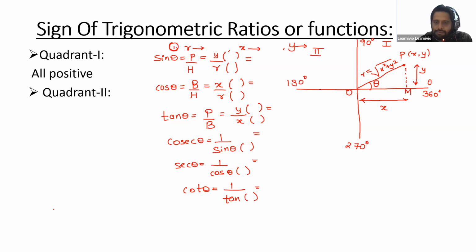This is your x-axis, this is the y-axis, this is the origin. If you go in the right direction, then x is positive. If you go in the upward direction, y is positive. If you go in the downward direction, y is negative. If you go to the left, then x is negative. Is this clear, Rutvika? Okay, sir.